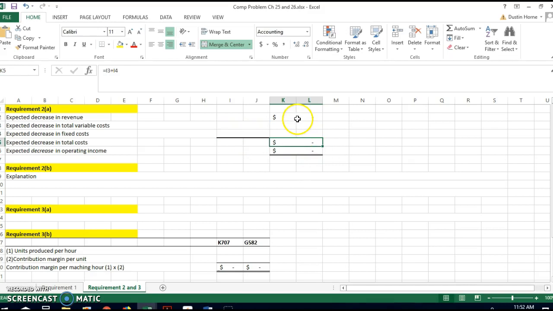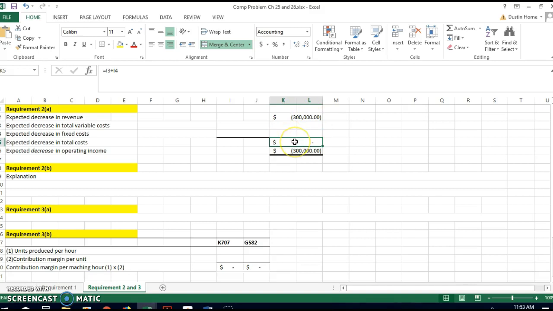So your decrease in revenue, when you put that in, you would have to put in 300,000 with parentheses because it is a decrease. Okay. And then here you would add up your costs. We lost revenue. So revenue lost, usually revenue is a positive number, but if we have a loss, we have to put parentheses around it, it's a negative number.